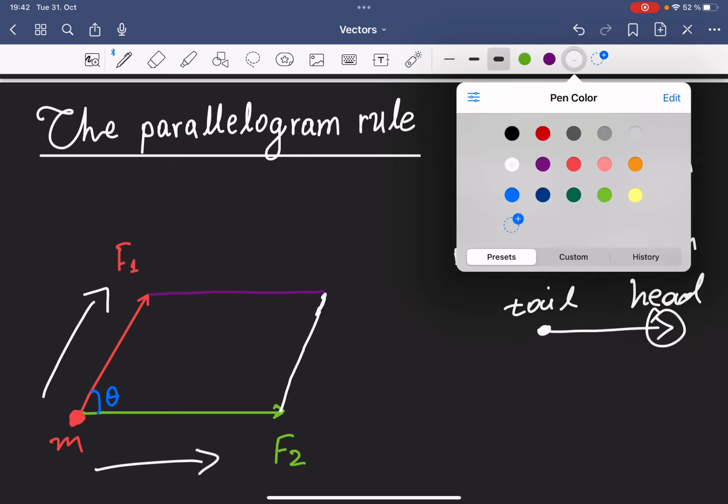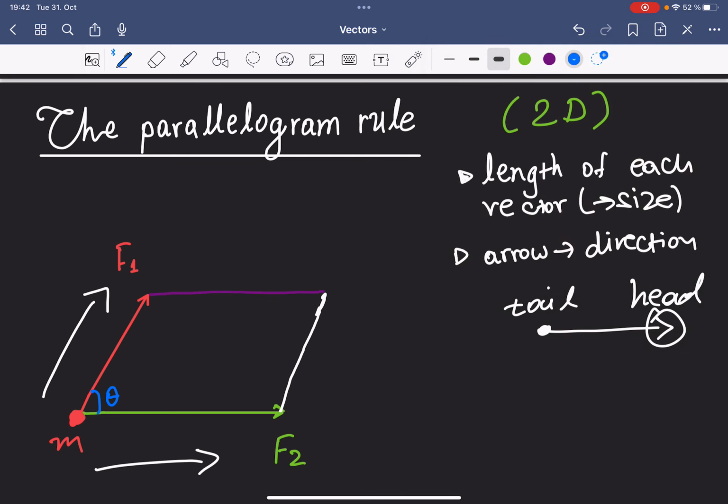And now the resultant force, and that's what the rule of parallelogram tells us, is that the resultant force is going to be the diagonal of this parallelogram. So the blue one is going to be the resultant force. And this is how we draw it.